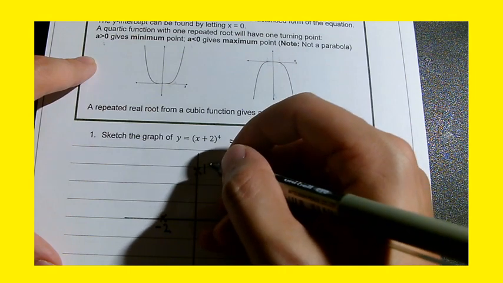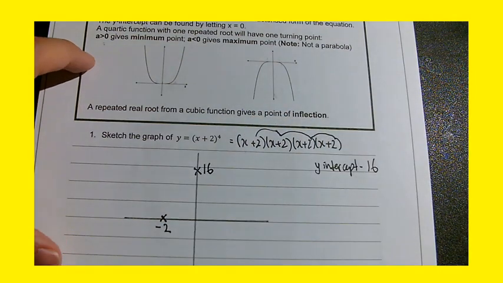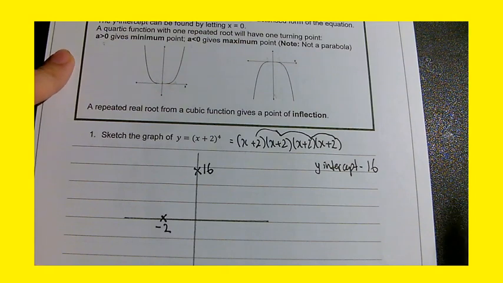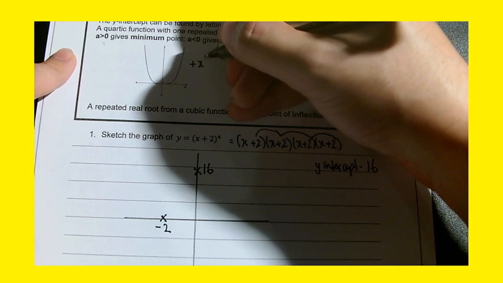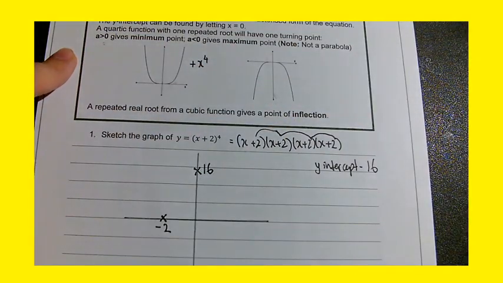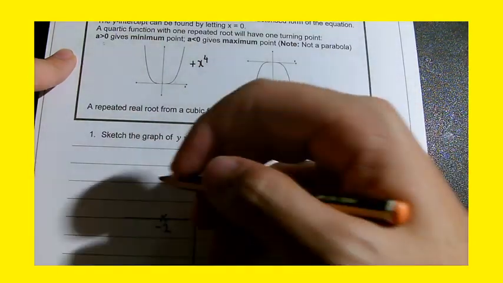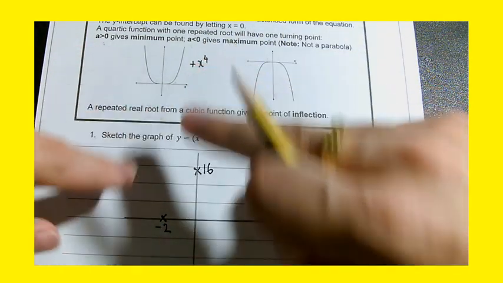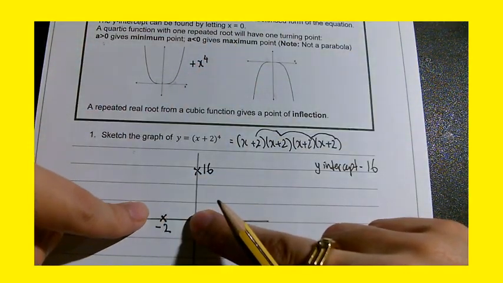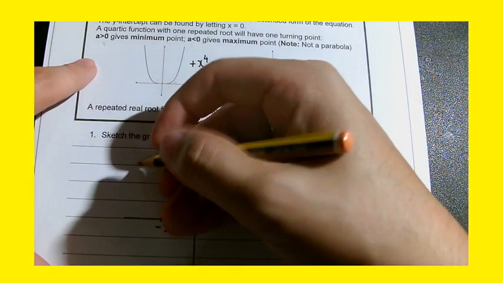And obviously if I was to expand the x terms together, I'm going to get a positive quartic, which means I'm going to get something that looks like this. So all I need to do is use that shape and use an intercept of -2 instead.